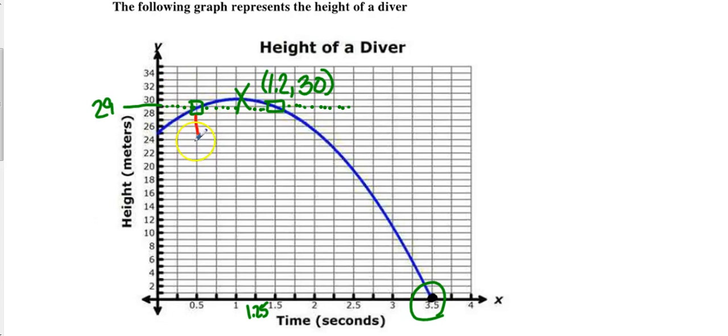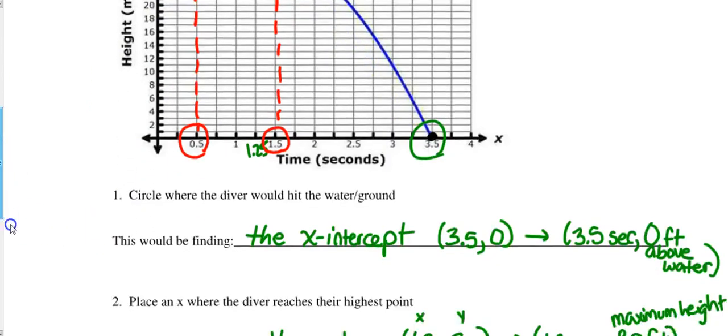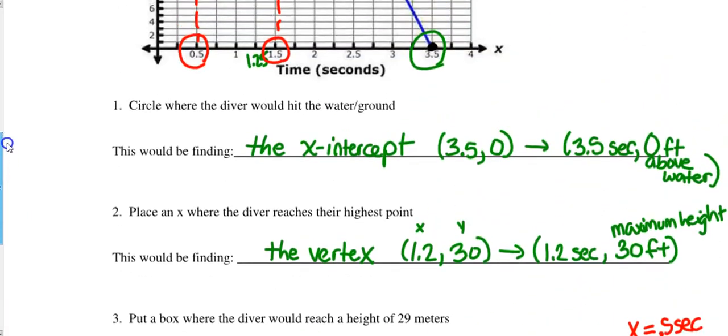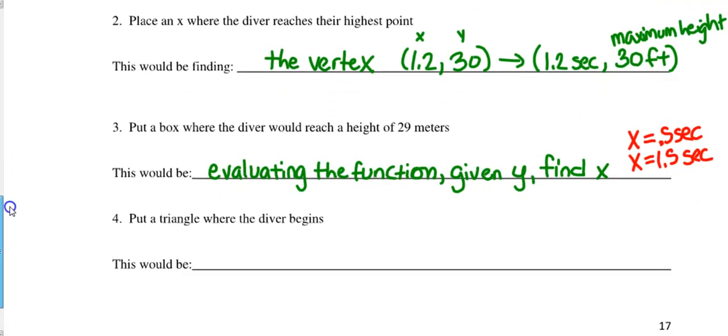So let's see, if I were to trace down, looking for what time this happened at, he was at a height of 29 feet once at 0.5 seconds, and then the second time at 1.5 seconds. So those would be our two x values. X equals 0.5 seconds, and x equals 1.5 seconds. Let me just go double check those two numbers. Yep, 0.5 and 1.5.